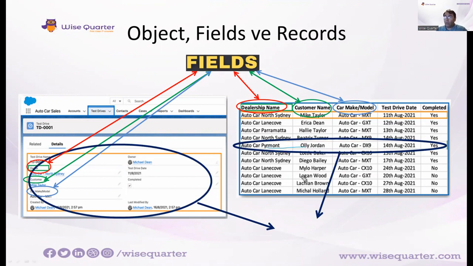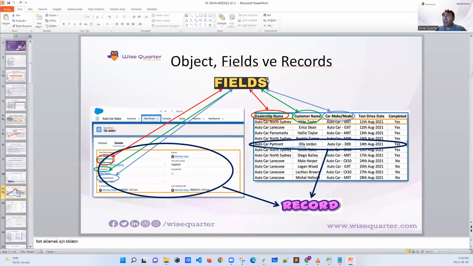These are called records, my friends. We created some records on our student object and on our other object. That's all we have done for now. Now it's time to create a field.